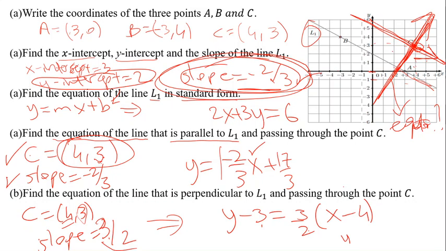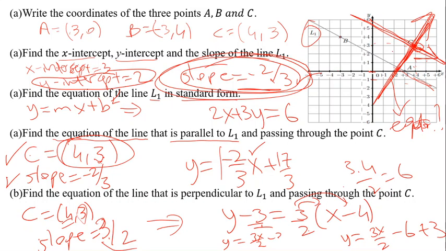Multiply and multiply, you get 3 times 4 over 2, it's 6, negative 6, and you put plus 3 to the other side, and you will end up with y equal to 3x over 2 minus 3.